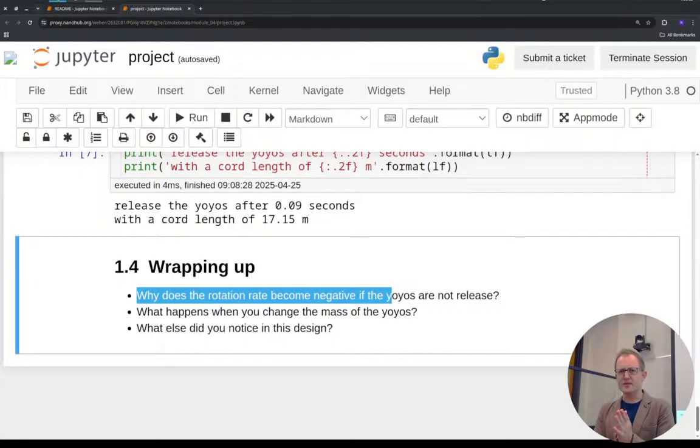What questions do we have left about the negative rotation rate? That one's usually kind of a weird thing: shouldn't it just stop rotating at some point? But no, okay. Everyone, this is totally natural.